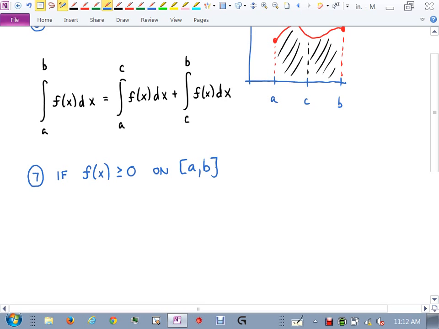It means when I draw it, it's above the x-axis, or possibly it can touch the x-axis somewhere, but it can't be below the x-axis, right? So if that's the case, then I'm guaranteed that the area under that curve between A and B must also be greater than or equal to 0. So it must be positive.